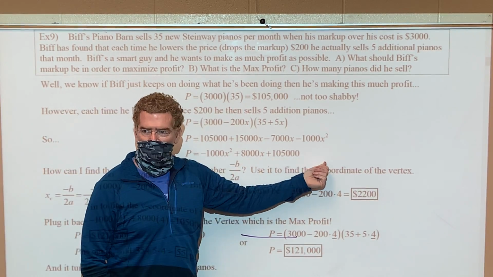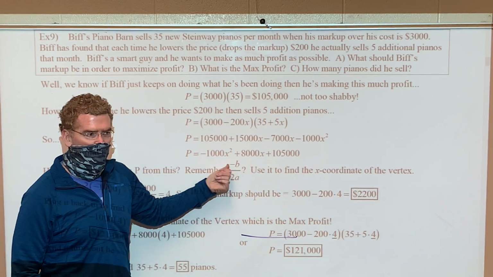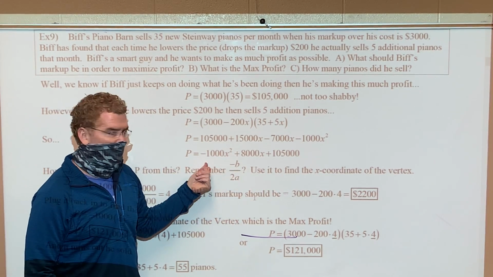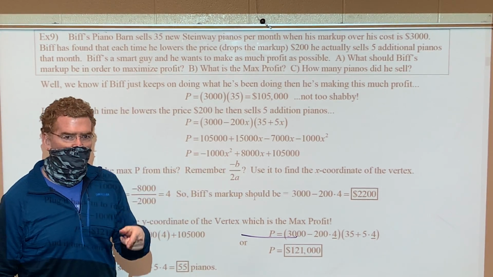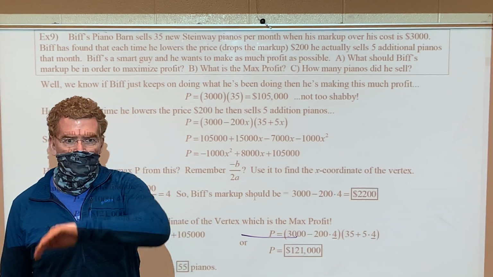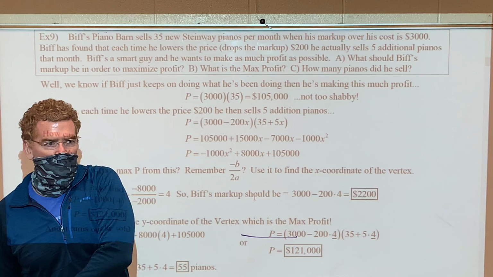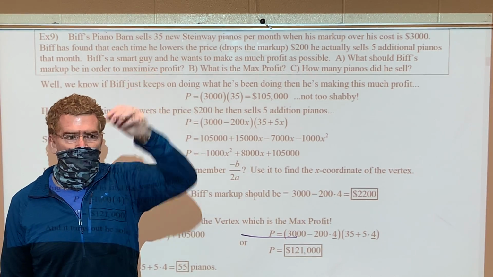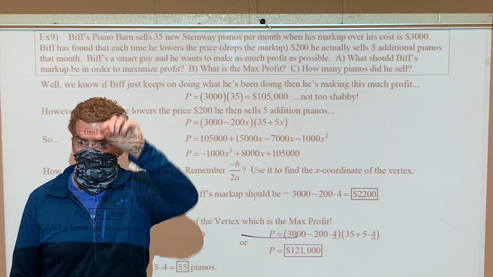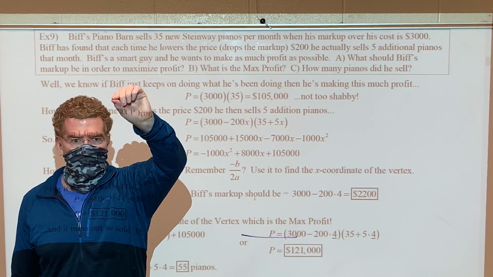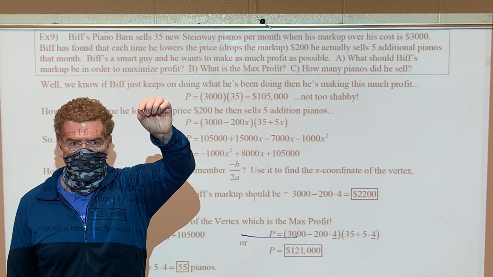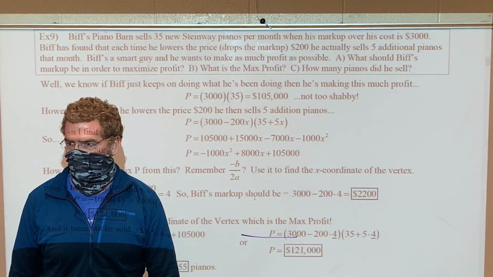A quadratic. And what's my a value? Negative. And what does a negative a value do for me? Makes it go down. And when my parabola goes down, what do I have? A max. So if I could figure out the max of this parabola, then that would tell me exactly what I need to do to maximize profit.